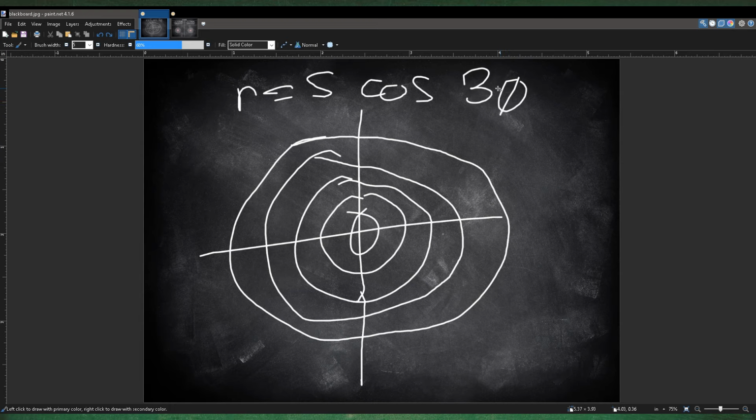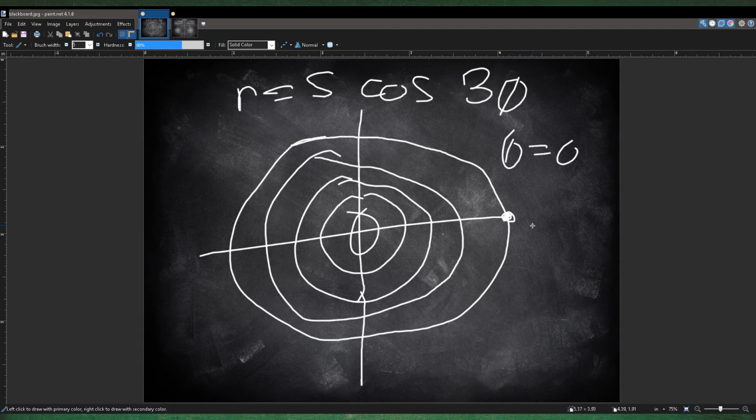So when does 3 theta get to 0 degrees? When theta is 0, 3 times 0 is 0, and cosine 0 is the maximum. So you have 5 here, and that's how I usually graph it. That's the biggest point because cosine of 0 is the biggest.